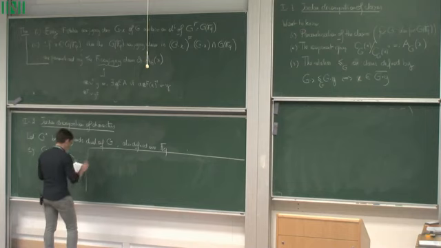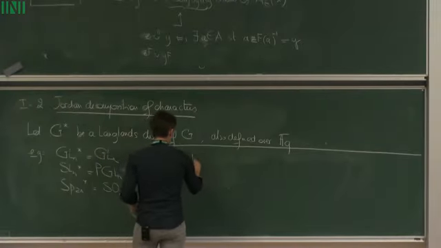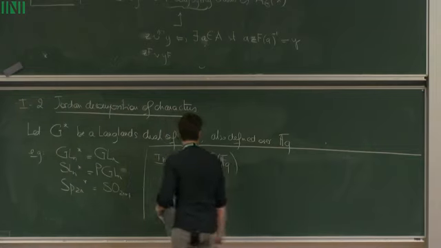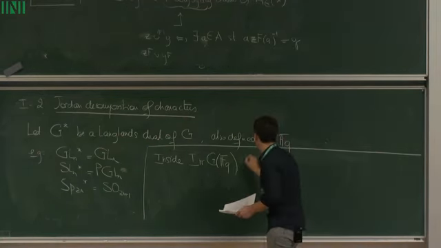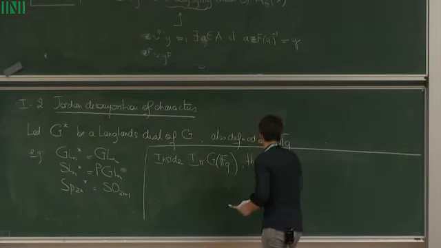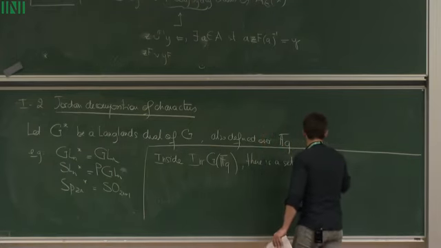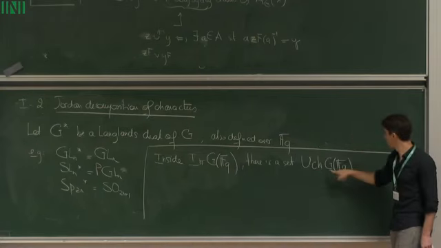I will only look at the unipotent ones. Let me just say, and I will explain tomorrow how you can define some of them, inside the irreducible representations there is a set which I will denote by UCH of G of Q, for unipotent characters of the group.